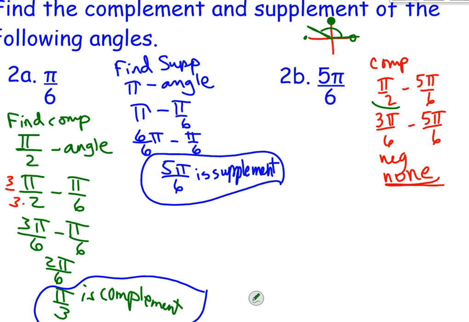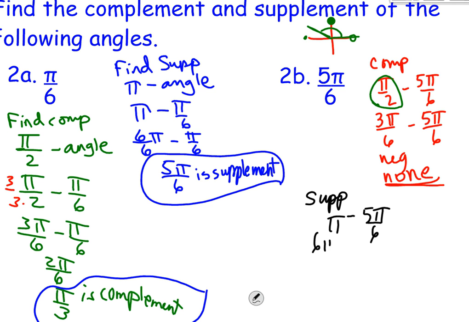And as long as you always do pi over 2 as the first thing, because sometimes we get in a hurry and we just take 5 pi over 6 minus pi over 2, which would be a positive answer. So just be careful that you're going in the right direction, always having that pi over 2 first. And then the supplement is just pi minus 5 pi over 6.